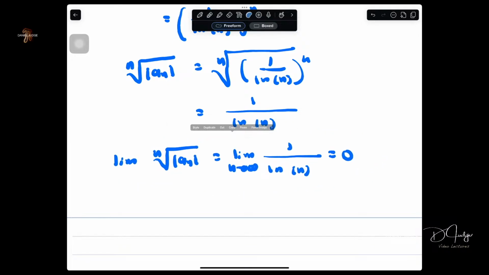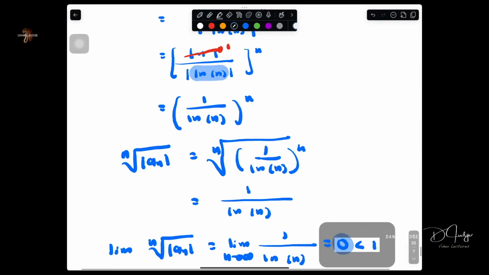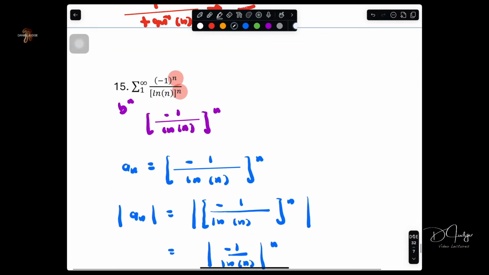So 1 over something getting very big is very small. So this is 0, which is less than 1. We're looking for that finite value.